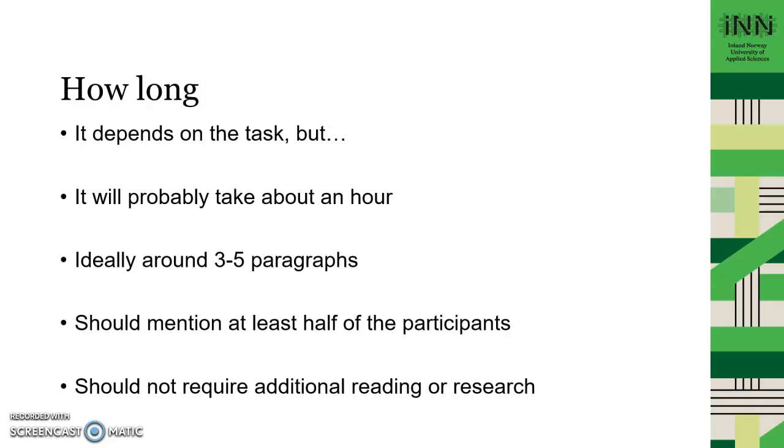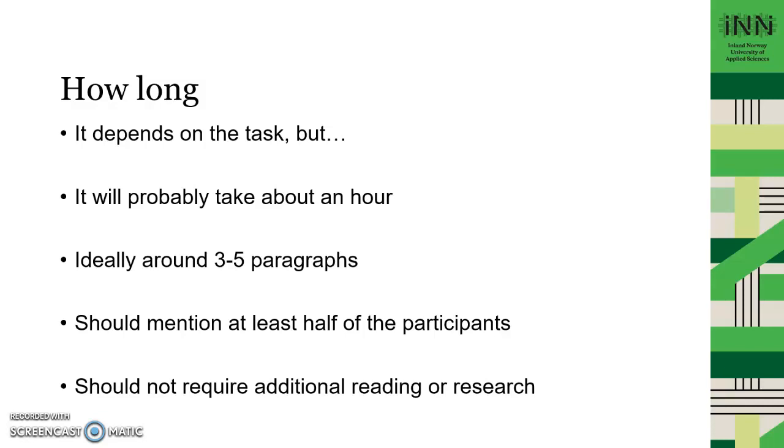But ideally, what you're doing is pulling out the main ideas, getting the main points that people are making, and presenting it back to them in a summary form. So usually perhaps 3 to 5 paragraphs might be typical. And ideally, you're mentioning about half of the participants each week, and trying to make sure that you mention the people who are doing really good work, but also anyone who you think might need a bit of extra encouragement.